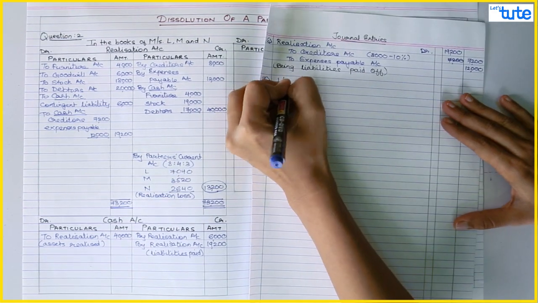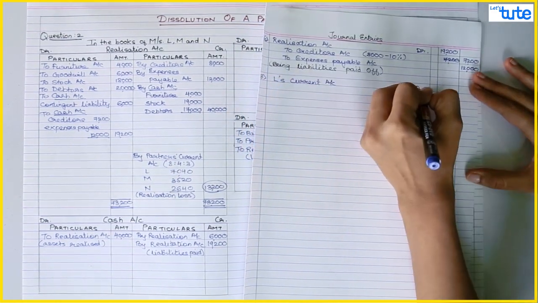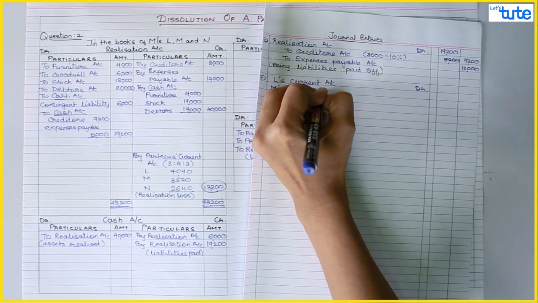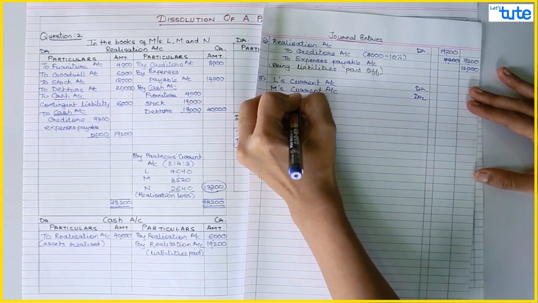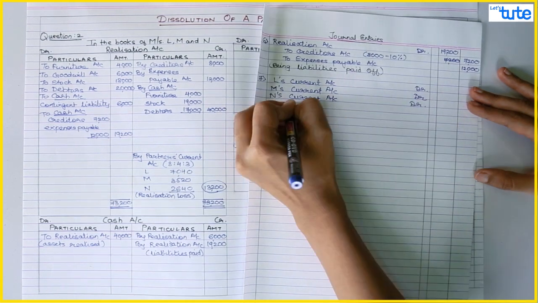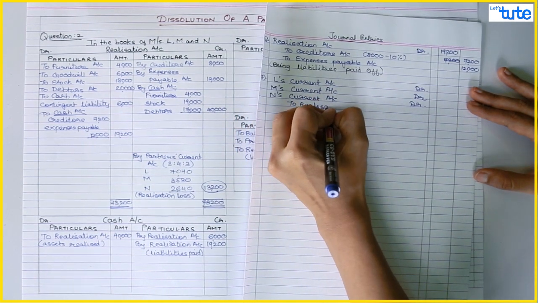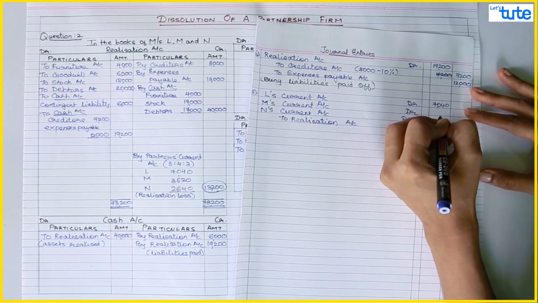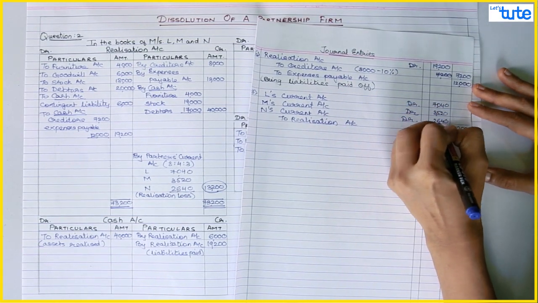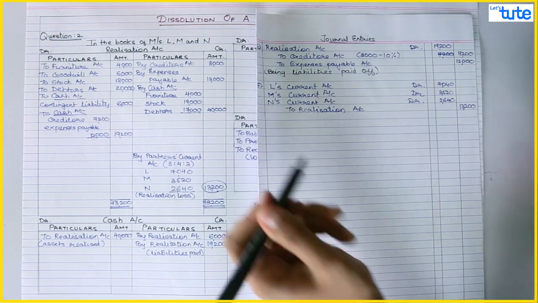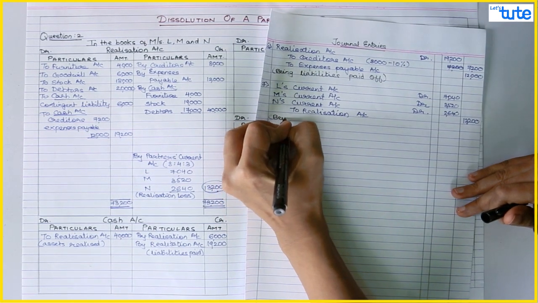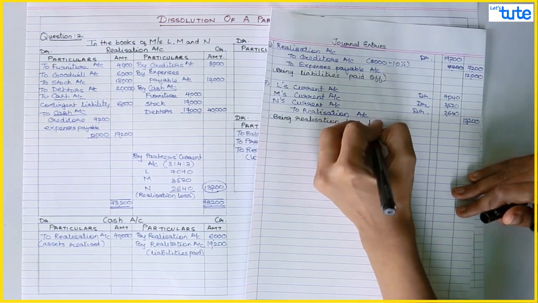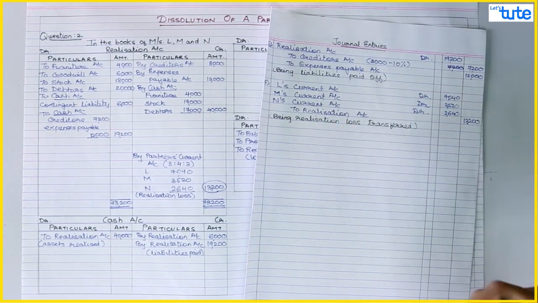L's current account debit, M's current account debit and N's current account debit to realization account: 13,200, 7040, 3520, 2640. Don't forget to write narration, being realization loss transferred.